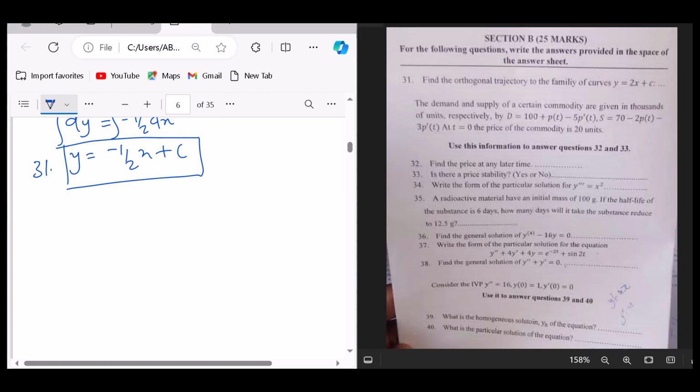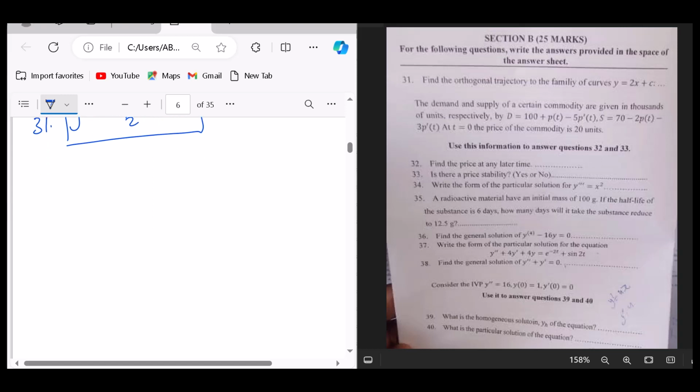We were given demand and supply of a certain commodity, in thousands of units respectively. We have D equals 100 plus p minus 5p prime, and S equals 70 minus 2p minus 3p prime, like this.